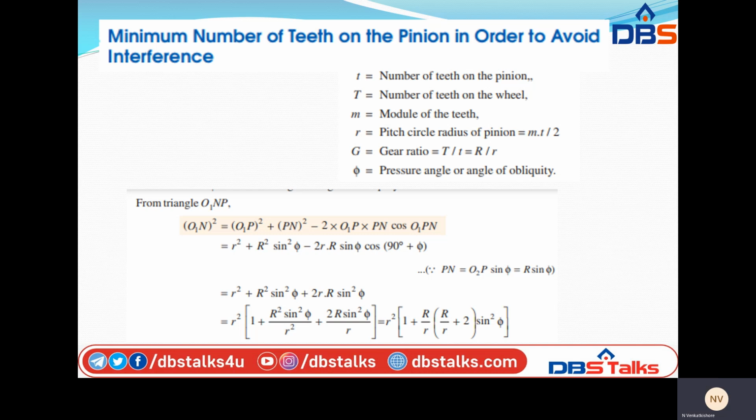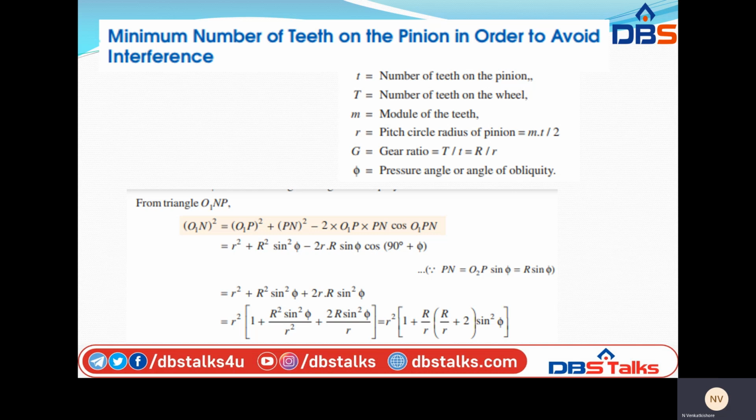We have already discussed in the previous classes that in order to avoid interference, the addendum circles for the two mating gears must cut the common tangent to the base circles between the points of tangency.